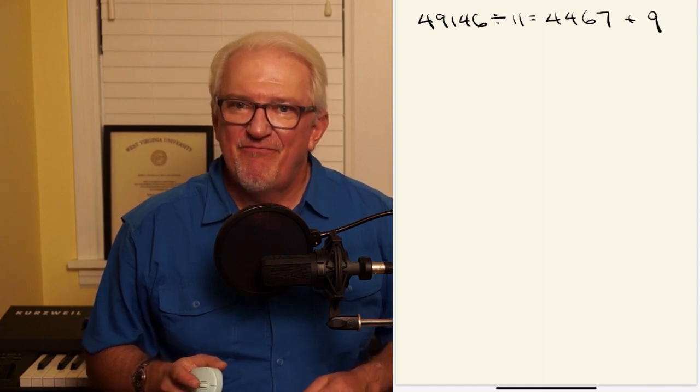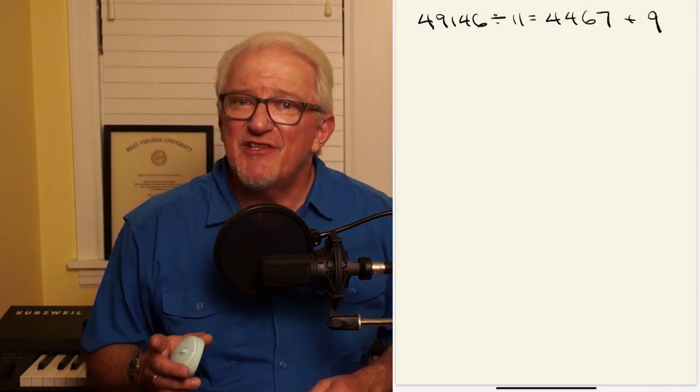This obscure article outlines a remarkable technique for dividing any positive integer by 11 once the remainder upon division is known. As an example, consider the number 49,146. It turns out that whenever 49,146 is divided by 11, the result obtained is a quotient of 4467 with a remainder of 9.